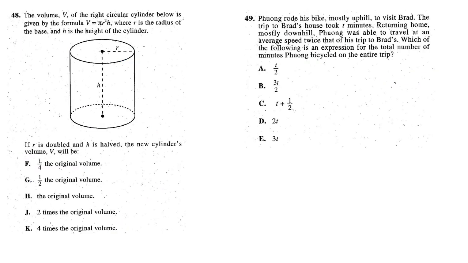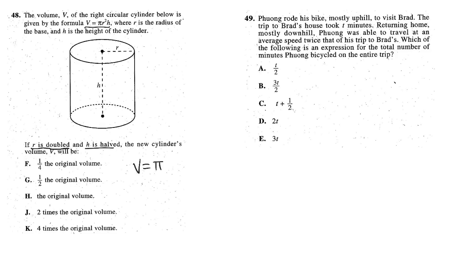And number 48, we have the volume of a right cylinder. And notice they've given us the volume formula. And they want us to find the new volume if R is doubled and H is halved. So let's go ahead and take our volume formula and substitute in what we know.